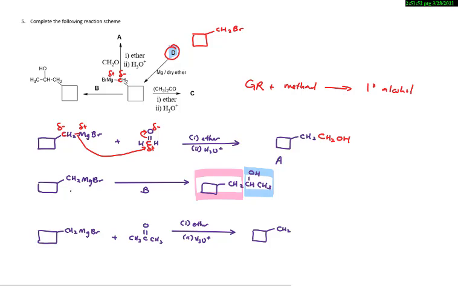For your B, the Grignard reagent reacts with reagent B and produces the product here. The part highlighted in pink comes from our Grignard reagent, and this part comes from our carbonyl compound. Let's classify this alcohol: we have a secondary alcohol here.